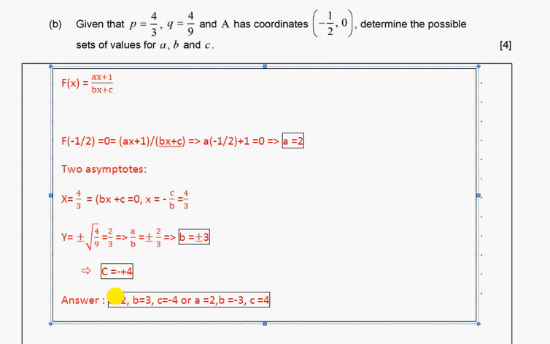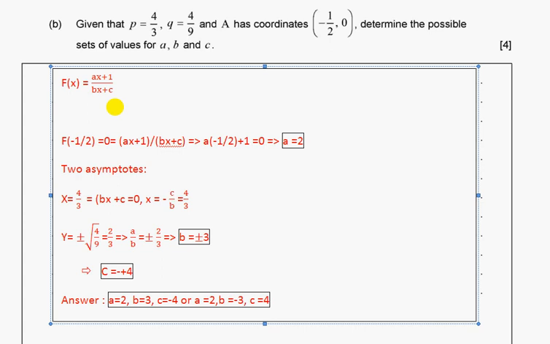So let's summarize. Two asymptotes. X asymptote comes from the bottom part of the ratio, bx plus c equals 0. Y asymptote comes from the fact that when x approaches infinity we can divide by x, we get a plus 1 over x, b plus c over x, or we can use the fact that limit is equal to limit of derivative.